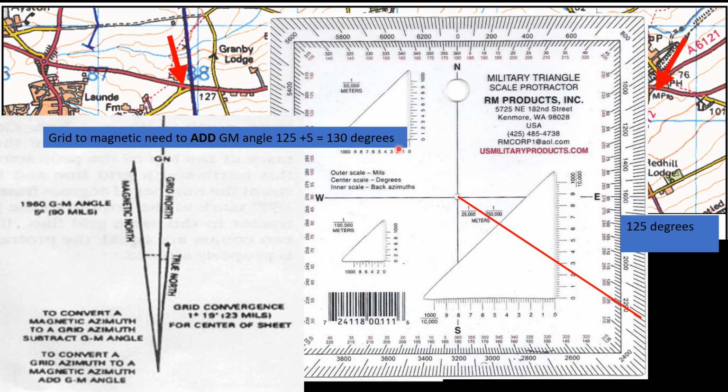Now, if you don't have a compass, but you have the iPhone app, I looked this up, it defaults to magnetic azimuths. You can change it to true north, where it will point to true north and not the magnetic north.